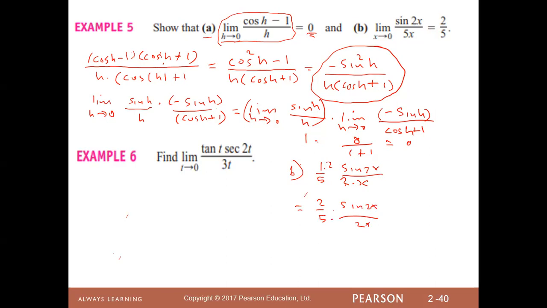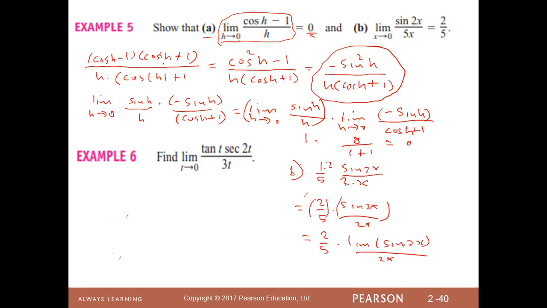Okay. Now we know that we have to take the limit of the left-hand side and then the limit of the right-hand side. The limit of a constant is equal to the constant, right? So the limit of the constant is 2 over 5. This is multiplied by the limit of a value, which is 2x divided by the same value.